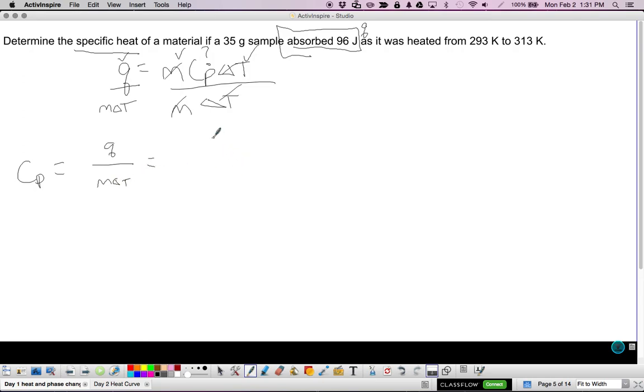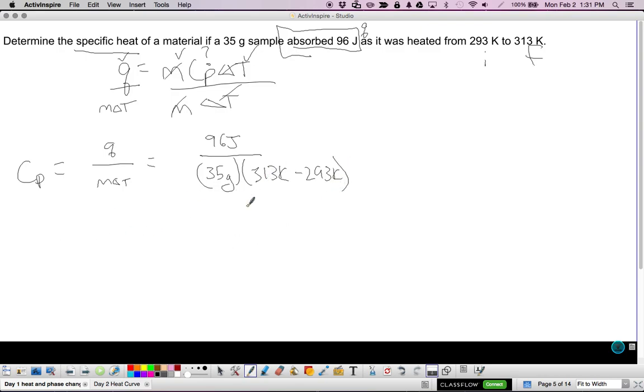All right, and Q is 96 joules over m, which is 35 grams, times the change in temperature. It was heated from 293, which is the initial, to 313. That's my final. So that's 313 Kelvin minus 293 Kelvin.